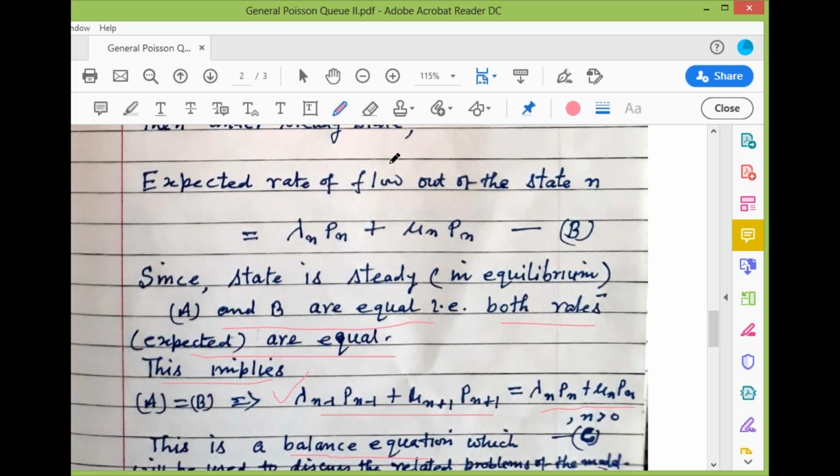This point, rate. Rate means suppose lambda n is 10. Lambda 10 means this is a rate. Rate means per unit time.